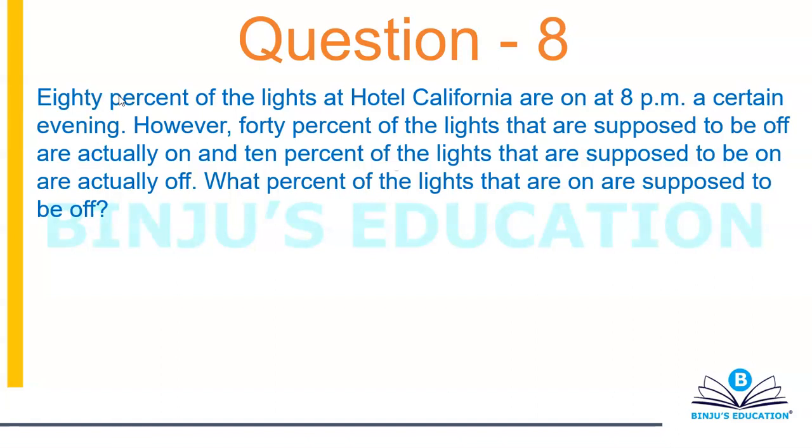However, 40% of the lights that are supposed to be off are actually on, and 10% of the lights that are supposed to be on are actually off. What percent of lights that are on are supposed to be off? Oh, wow. Too confusing, right? They have simply added this word supposed to be, and they have changed the question entirely, made it a bit confusing. Anyways, we'll go step by step.